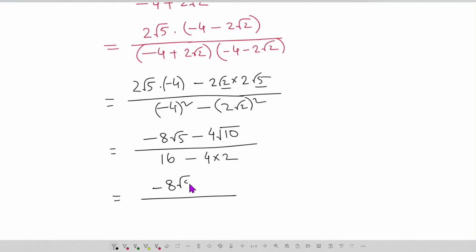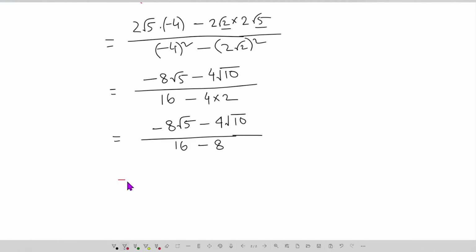Now look, minus 8 root 5 and then minus 4 root 10. Then here is 16 minus 4 times 2, which is 8.